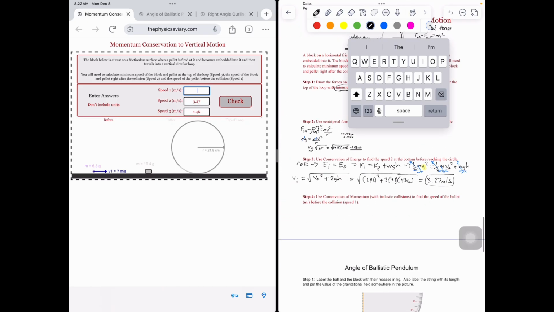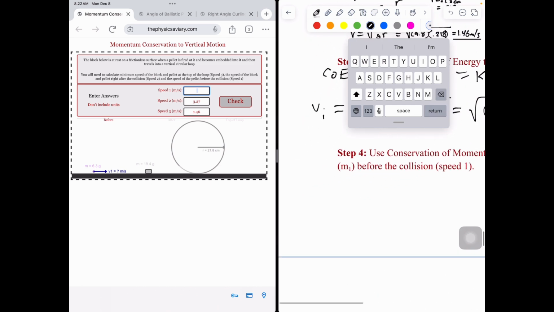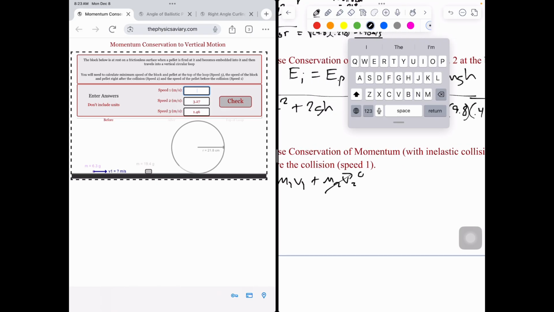Okay, now the final step is to continue to work backwards, much like we did with the ballistic pendulum lab, and find the velocity before collision. So now we're looking at conservation of momentum. So we have m1 v1 plus m2 v2, which is going to be 0 because m2 is at rest before collision, equals the combined mass of m1 plus m2 times v prime.